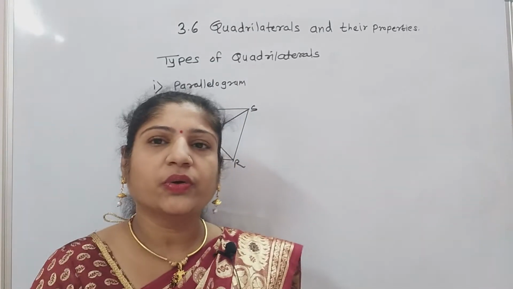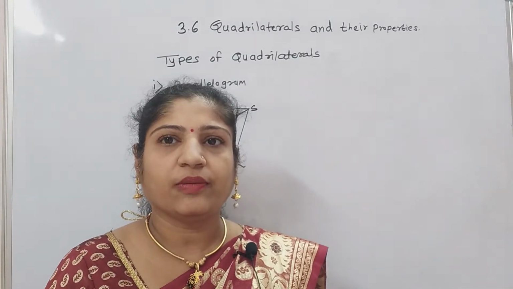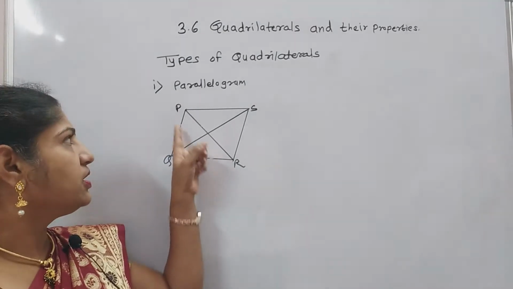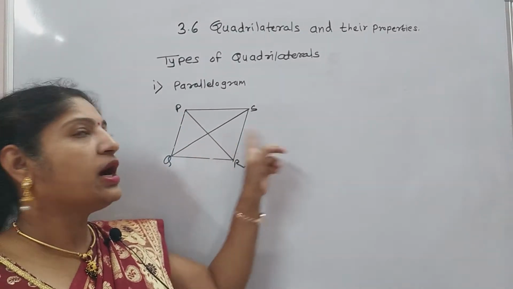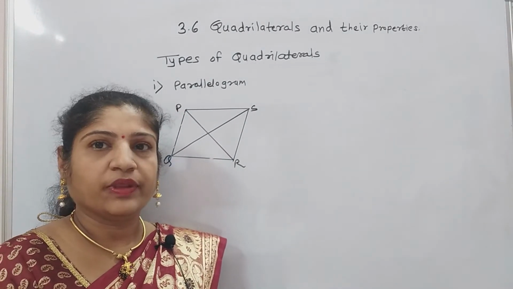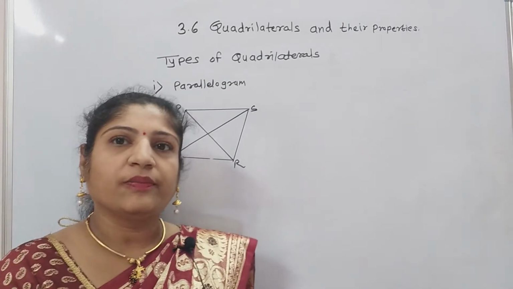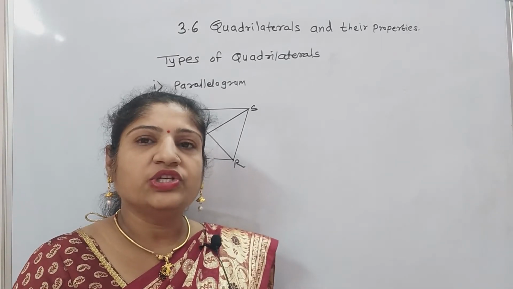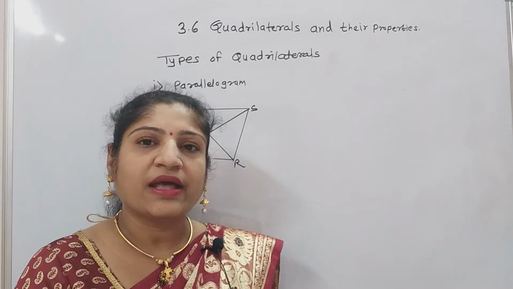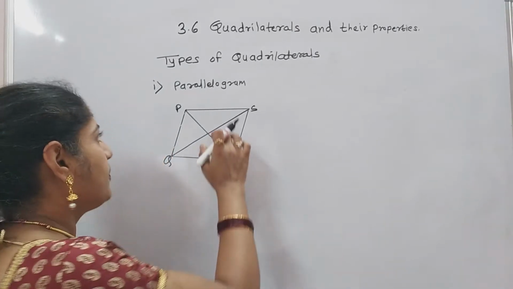Now, types of the quadrilateral. First type is parallelogram. This figure, quadrilateral PQRS, is a parallelogram. What is meant by parallelogram? A quadrilateral whose opposite sides are parallel is called a parallelogram.